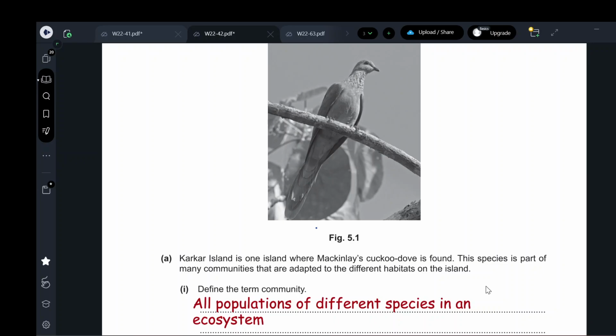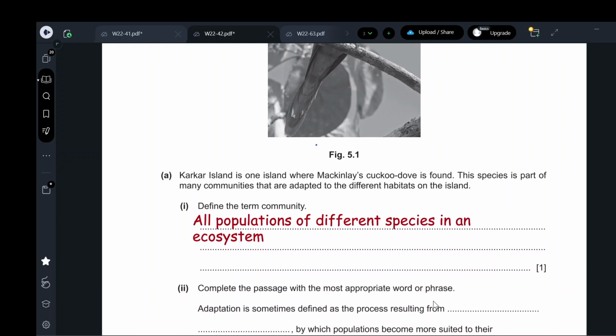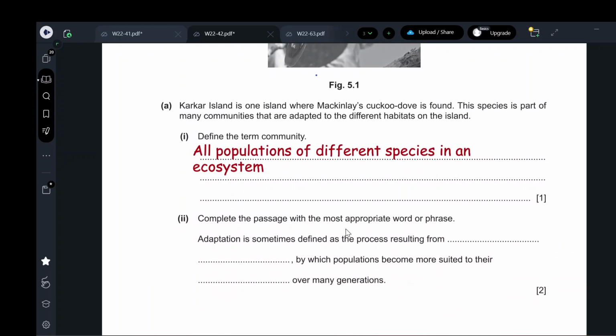What's a population? A group of organisms living in the same area at the same time. So what's a community? All the populations of different species in an ecosystem. Complete the passage with the appropriate words.